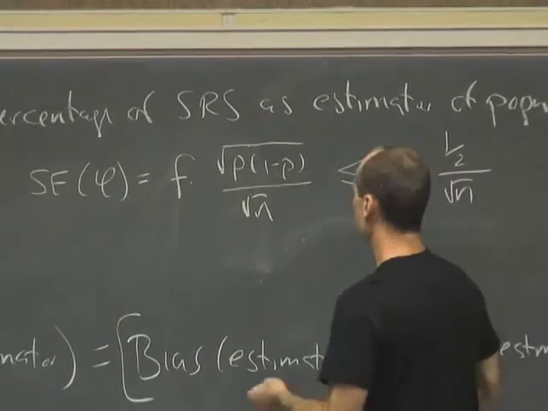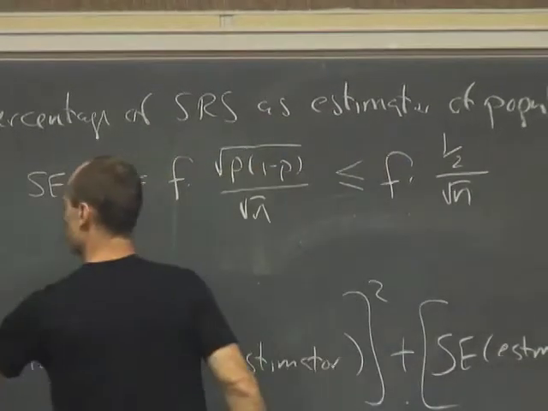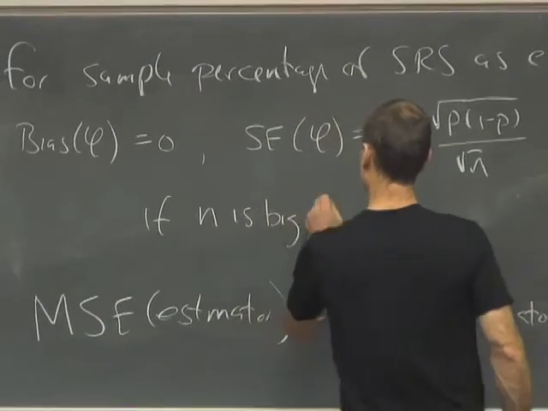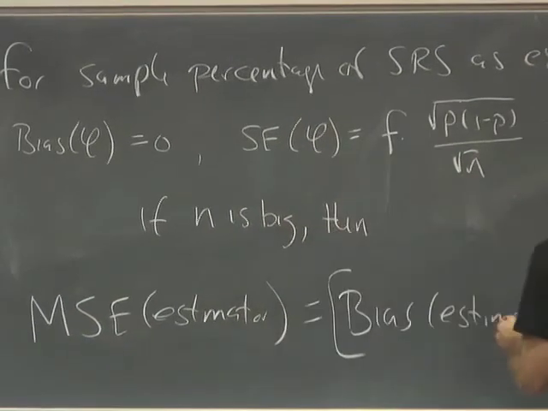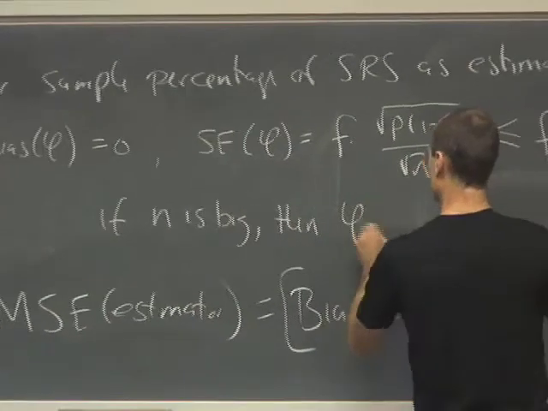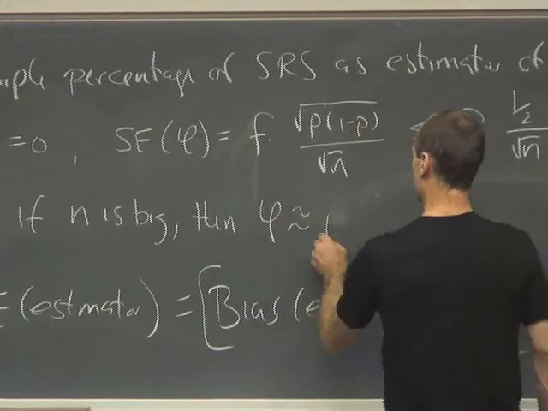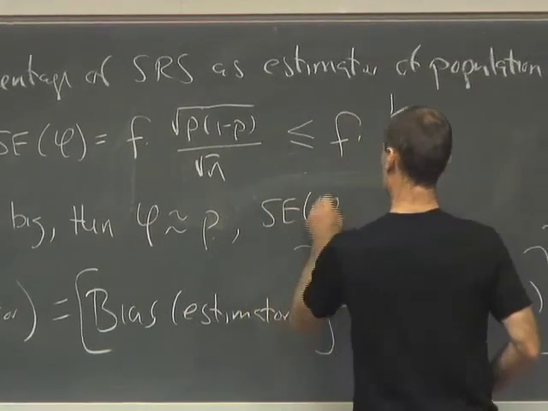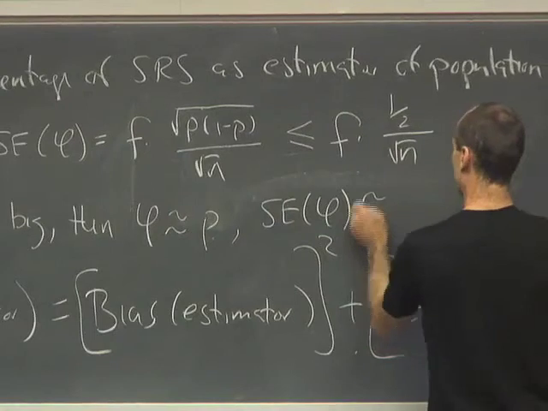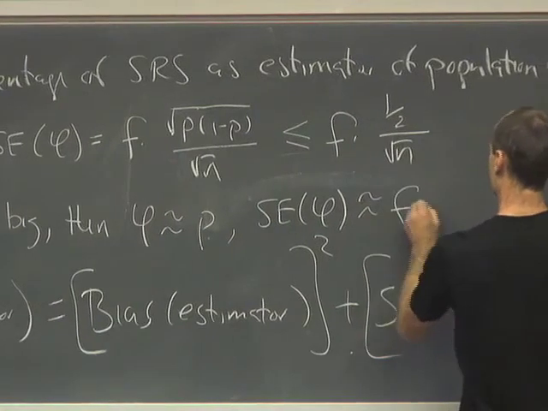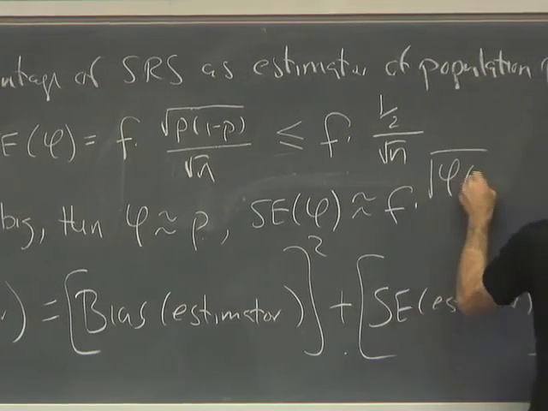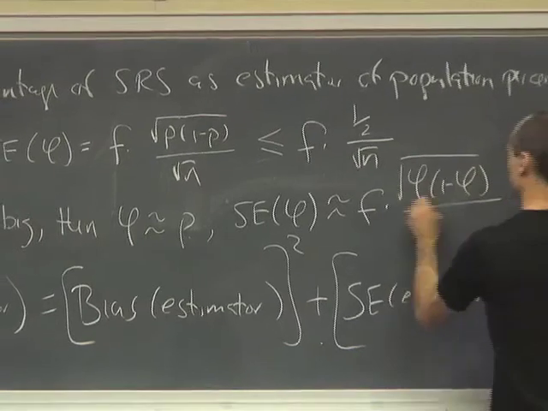And we know that if the sample size is large, then this ought to be about the same as p. And so the SE of the sample percentage ought to be about f times the square root of the sample percentage times 1 minus the sample percentage, over root n.